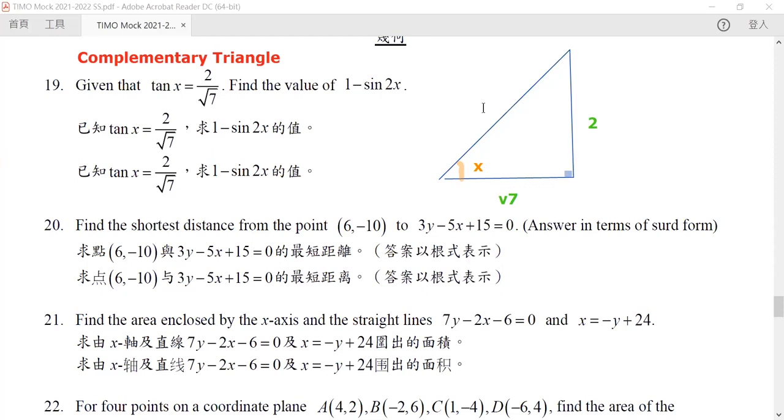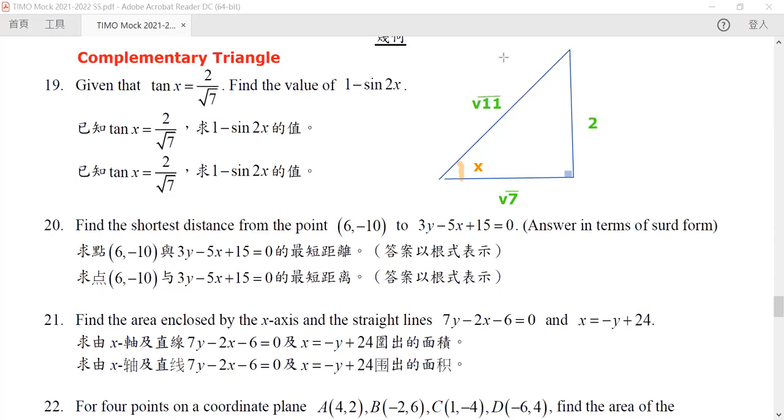If it is 2 and this is √7, then definitely our tangent x is equal to 2/√7. Then we can find our hypotenuse, which will be equal to √11. So this is our complementary triangle.